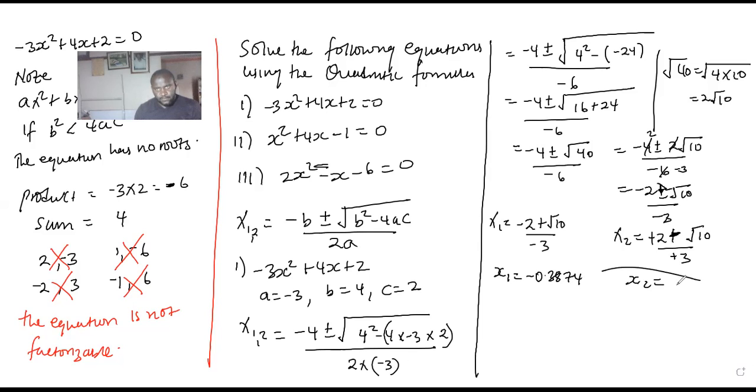Then X2? 1.7208. If you want to confirm whether you're right, just pick one of them and drop it here, and see whether you get the answer as 0.